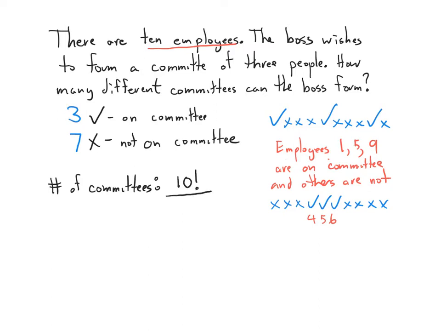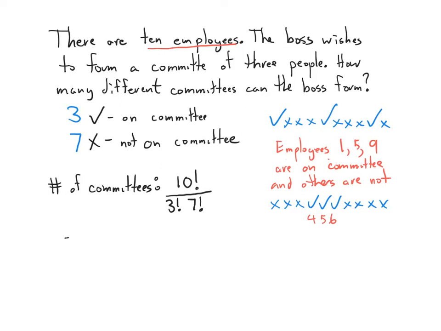And we divide by, for each state, the number of objects in that state, or we could say the number of symbols that repeat. So here, the check mark repeats 3 times, so we divide by 3 factorial, and the X repeats 7 times. There are 3 check marks and 7 X's.